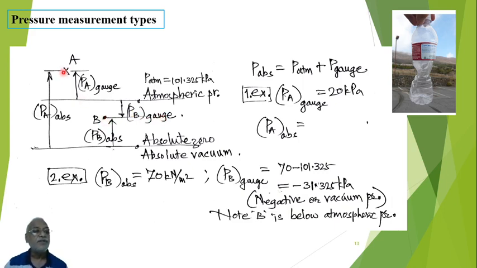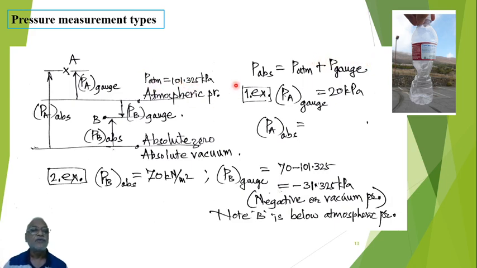Now the same pressures, if you refer with respect to absolute zero, are known as absolute pressure: pressure at A absolute, pressure at B absolute. Because there is an atmospheric pressure involved, we can relate these two. Absolute pressure is equal to atmospheric pressure plus gauge pressure.